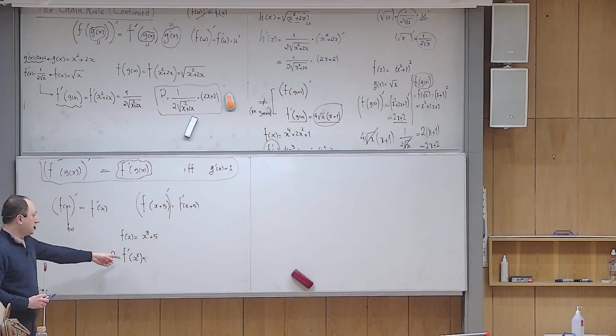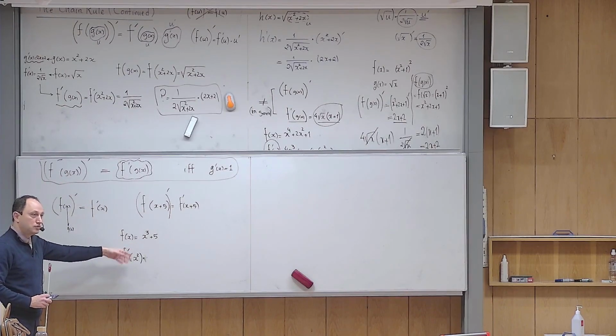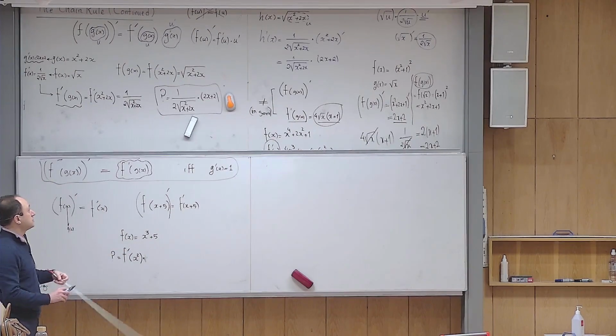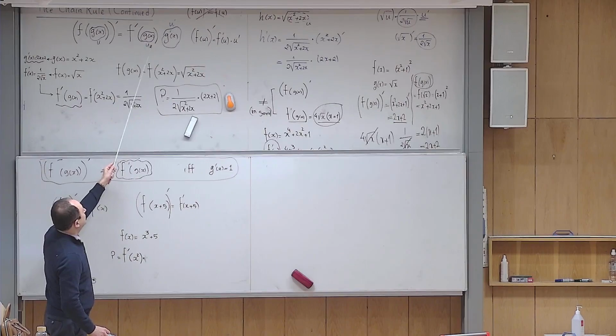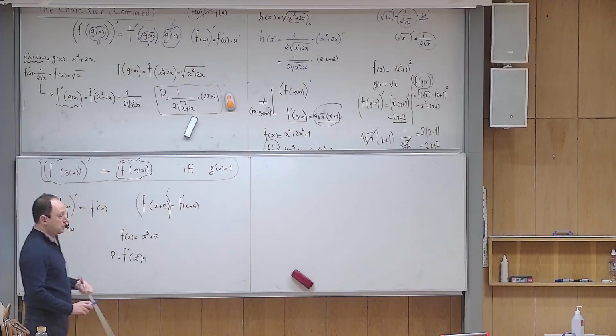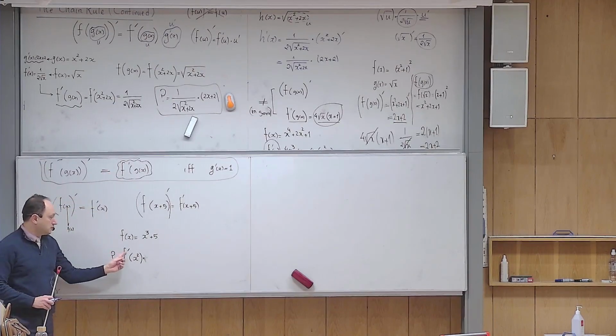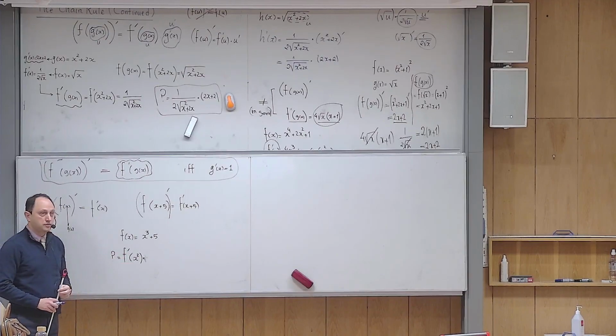But how should I calculate this? This is something that you really need to know for the chain rule, because if you want to use the chain rule, you have to know how to calculate this all the time. So which one has the priority, differentiation or substitution, when you see this symbol? Differentiation.